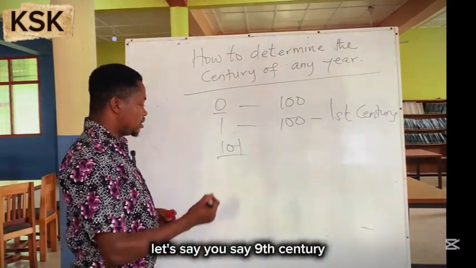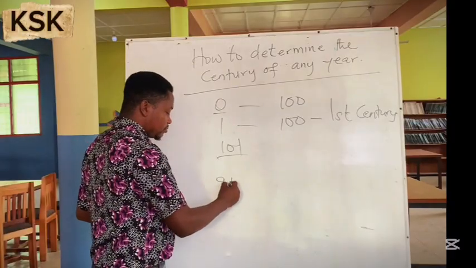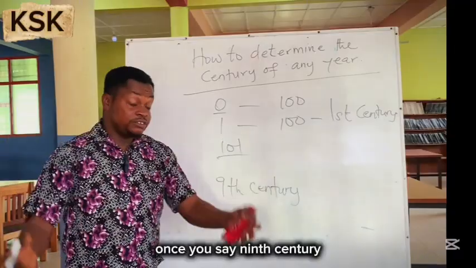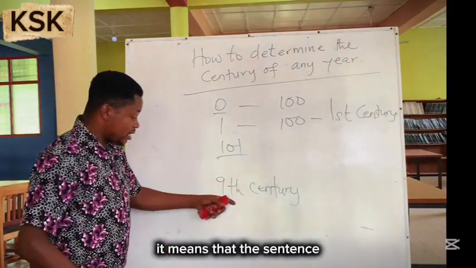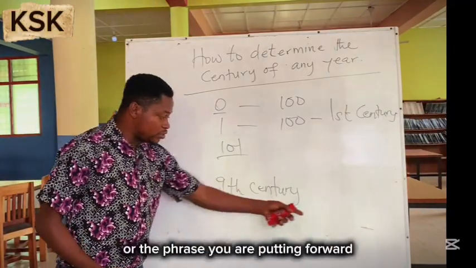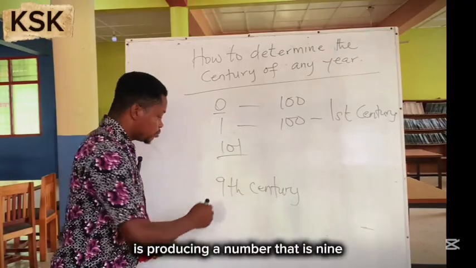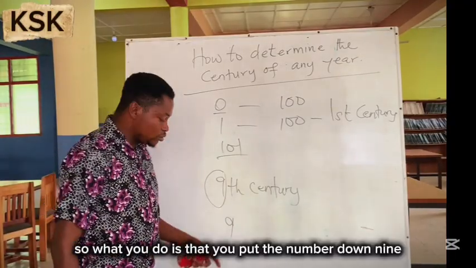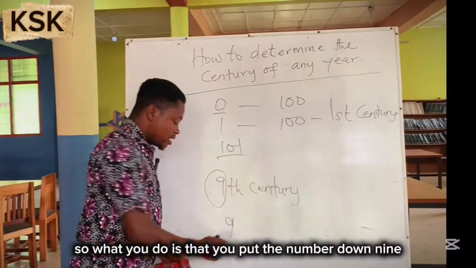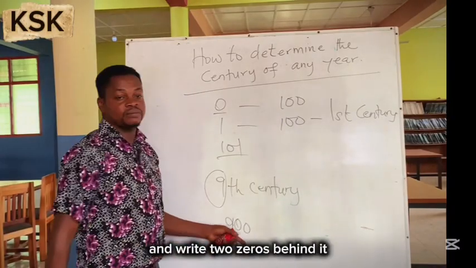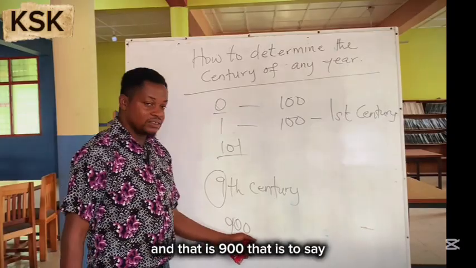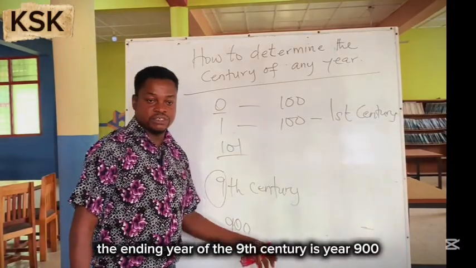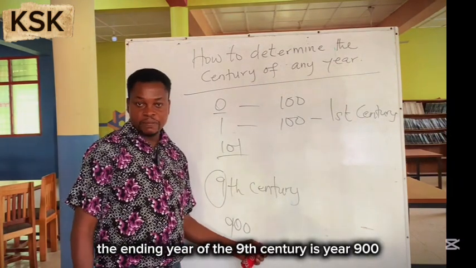Say the 9th century: the number is 9. You put the number down and write 2 zeros behind it, and that is 900. The ending year of the 9th century is year 900.